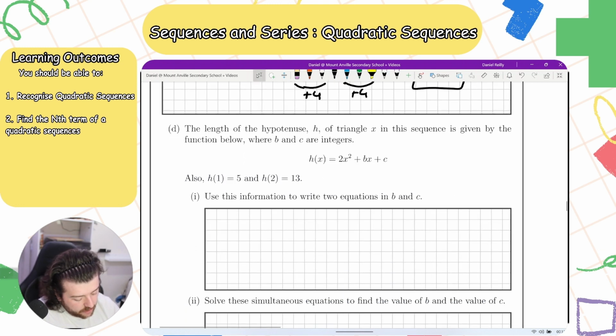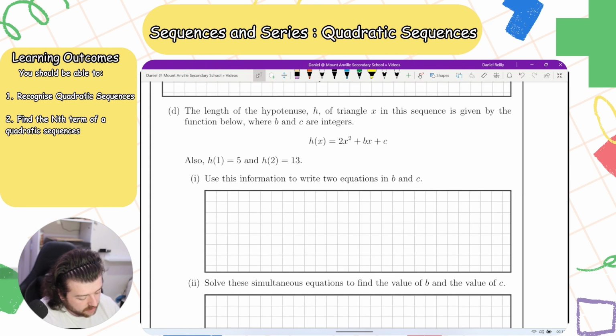Right, the length of the hypotenuse h of triangle x in the sequence is given by this function. H of 1 is 5, h of 2 is 13. Use this information to write two equations in b and c. So when x equals 1, h equals 5, okay?